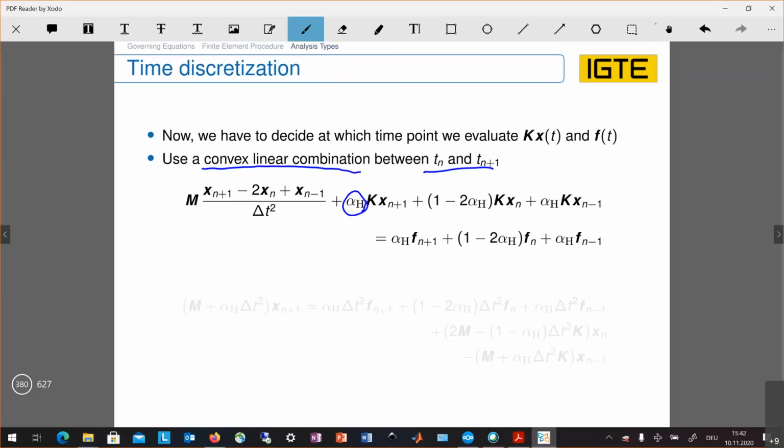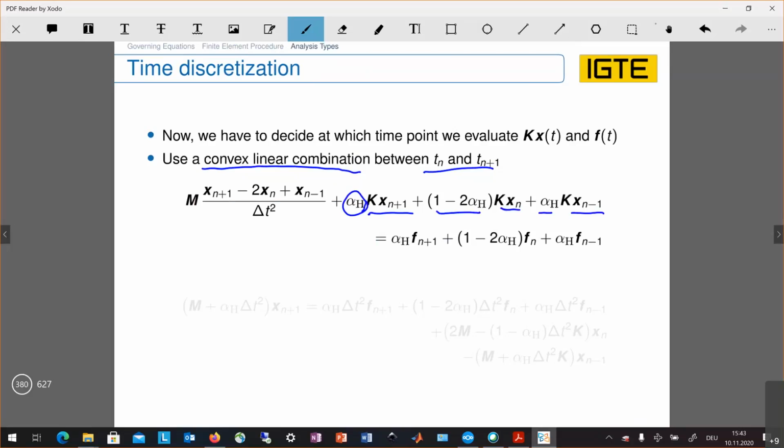So you see we have our system with the stiffness matrix multiplied with the vector of our mechanical displacements evaluated at time step n plus 1, scaled with alpha h. Then we evaluate it at time step tn and scale it with 1 minus 2 times alpha h. And last, we evaluate it at the time step tn minus 1 and scale it with alpha h.